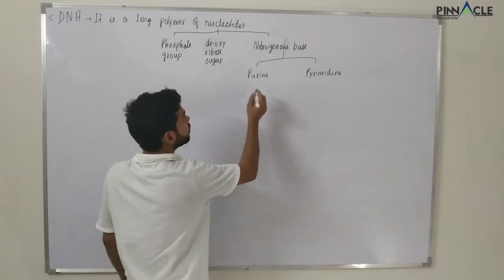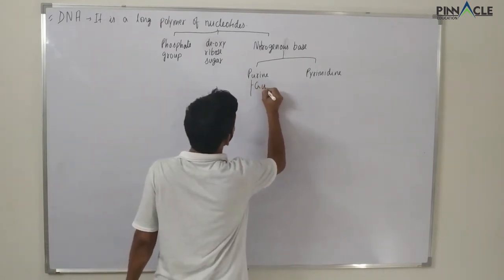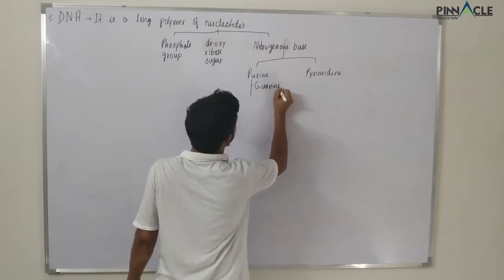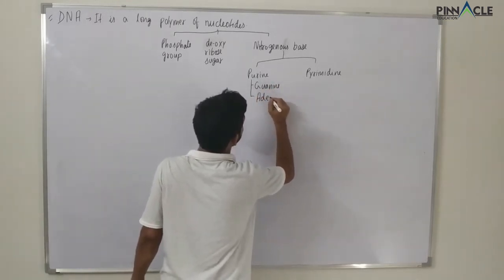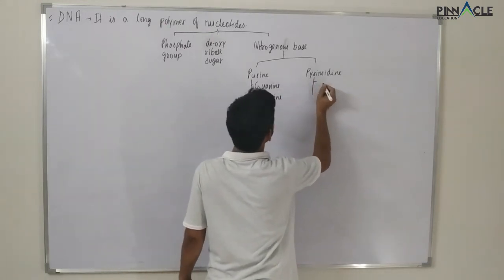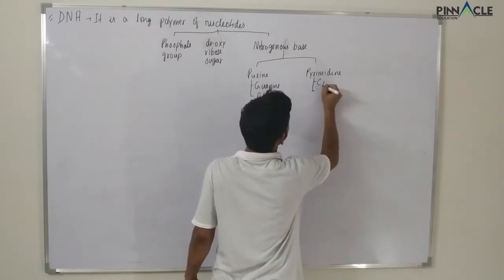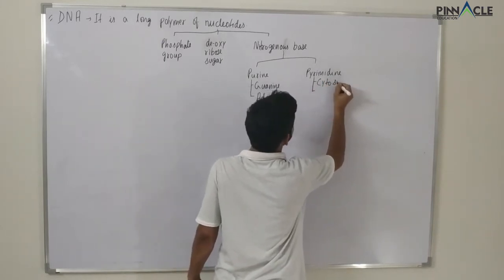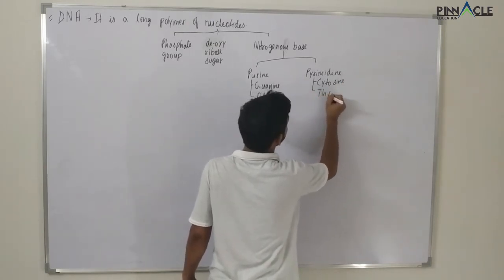In purine we have two types of bases. One is called guanine and the other is adenine. In pyrimidine we have two types of bases. First one is called cytosine and the other is called thymine.